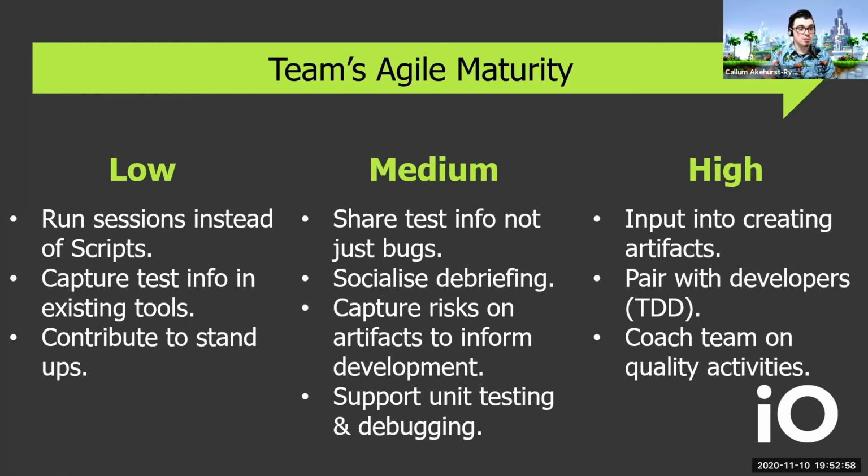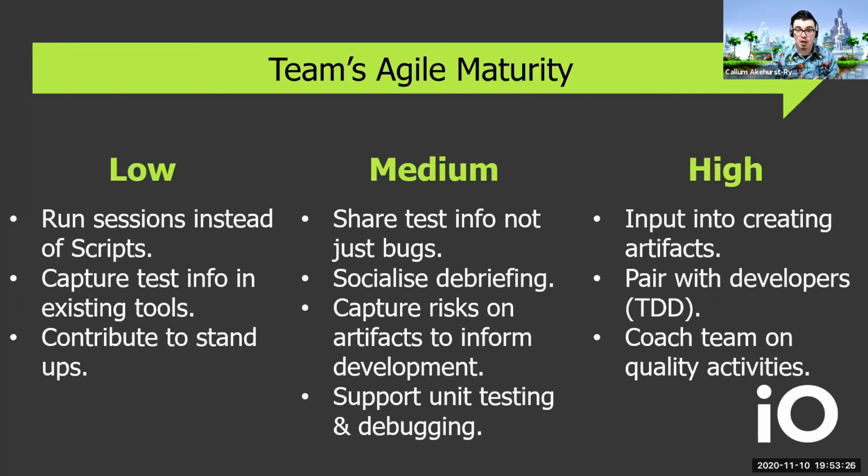You can start to push your testing to earlier, before development, by capturing risks and test ideas on design tickets. I call them artifacts, Jira tickets, whatever requirements, to inform development. That might be looking at the requirements and pushing back to say, we haven't thought about this edge case, or we haven't thought about this error handling that needs to be there. And also we can start to support unit testing and debugging.